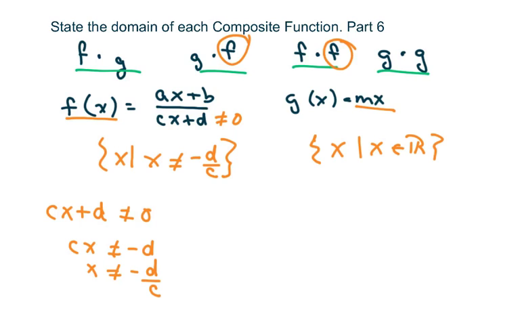Now you might want to write these down because we're going to do all 4 of these compositions. So the first composition is f of g. So we have to pay attention to our inner function. In that case, it was all real numbers, so it might be easier than we think. Let's see.